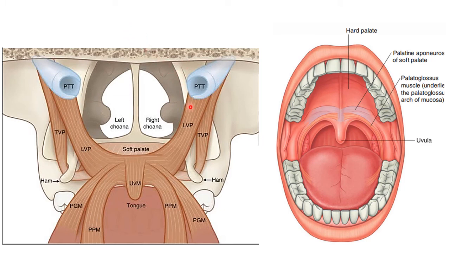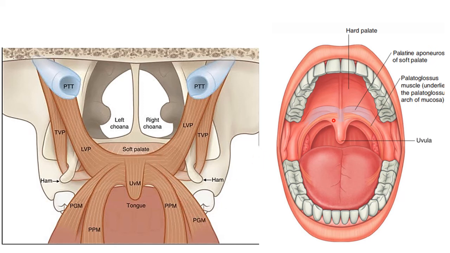So the next muscle is this palatoglossus muscle, going from the palate to the tongue. It arises from the palatine aponeurosis. It descends downward and laterally into the palatoglossal fold.